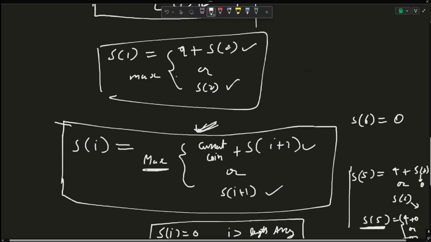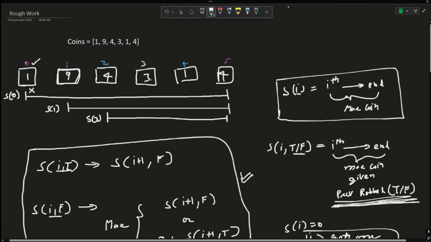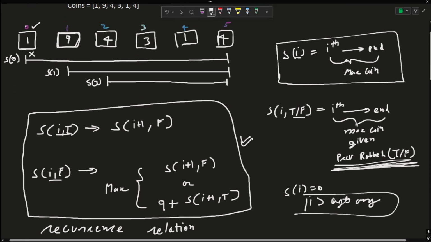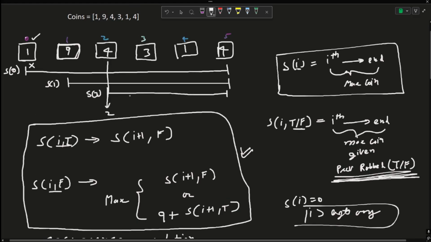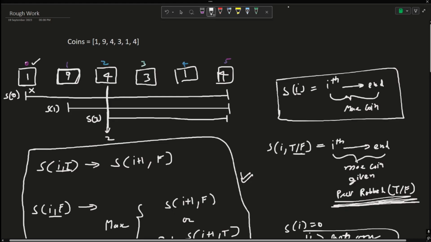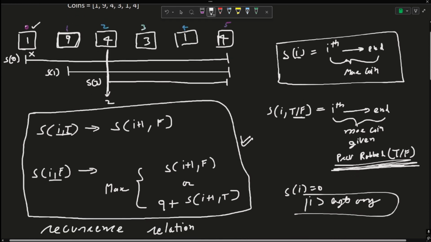Similarly, in the house robber problem, I stood here on the second position and needed the answer of the problem: I have to rob starting from the second till the end.